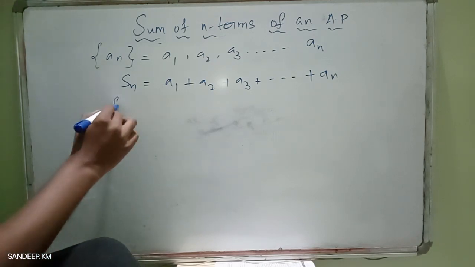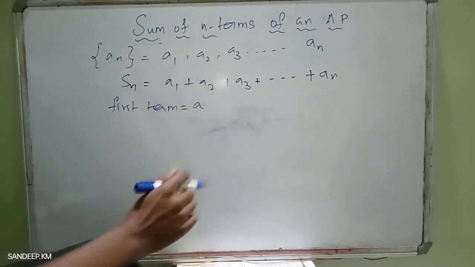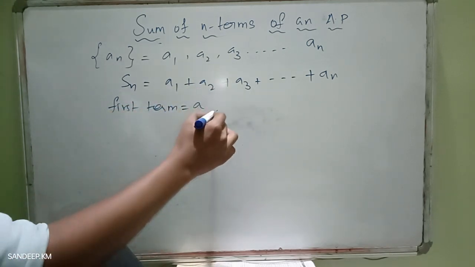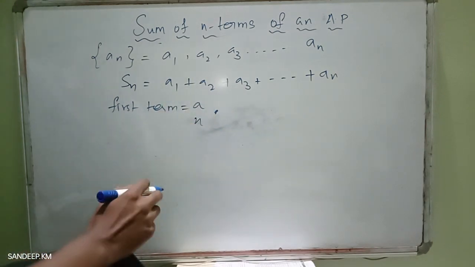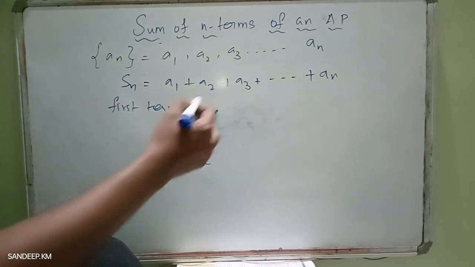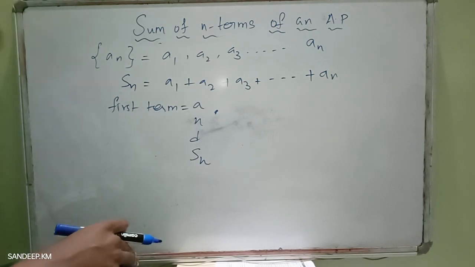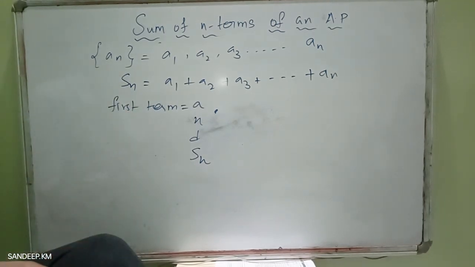Let the first term be a, the number of terms is n, the common difference is d, and the sum of n terms is Sn. Just remember this. Now let us continue deriving the formula for the sum of n terms.